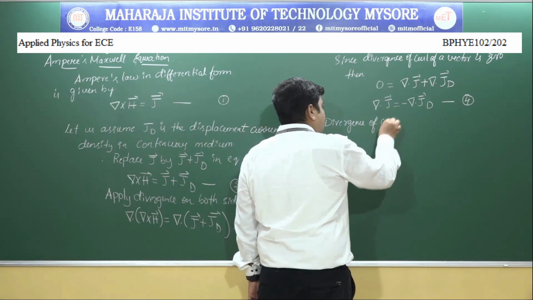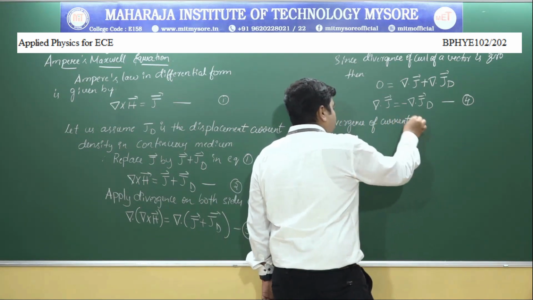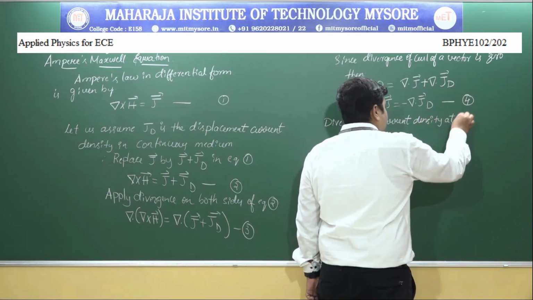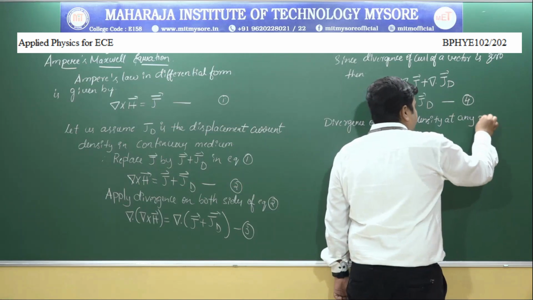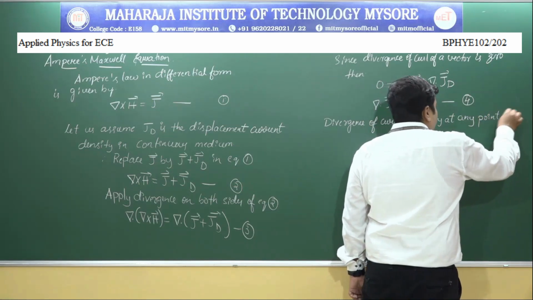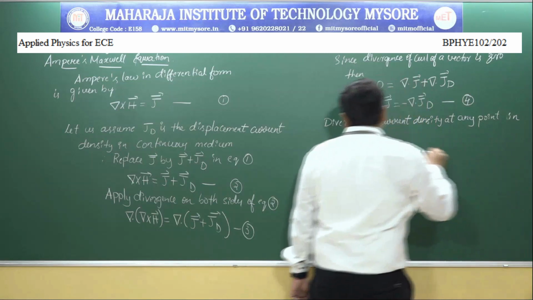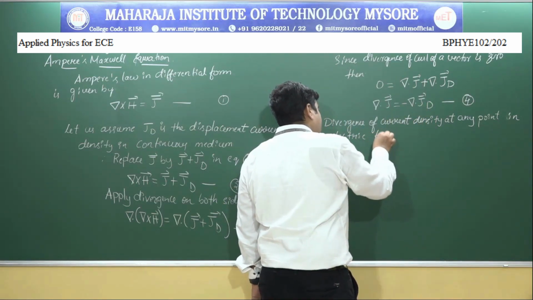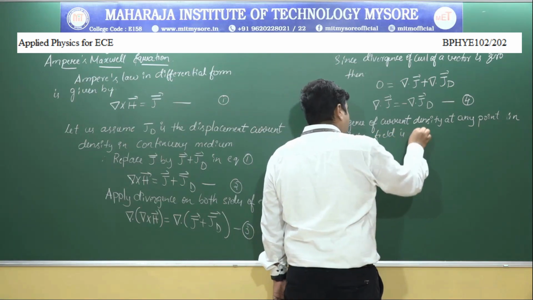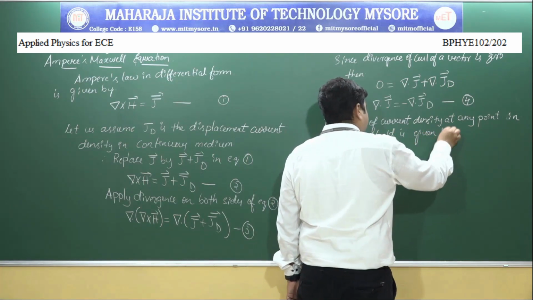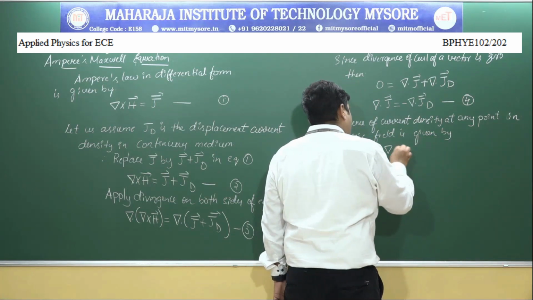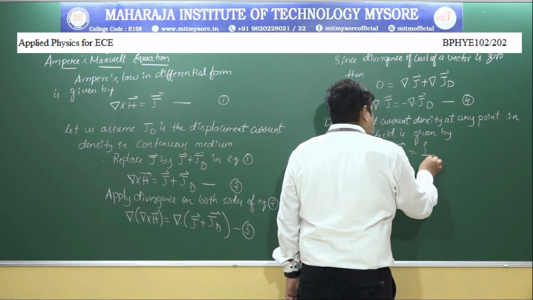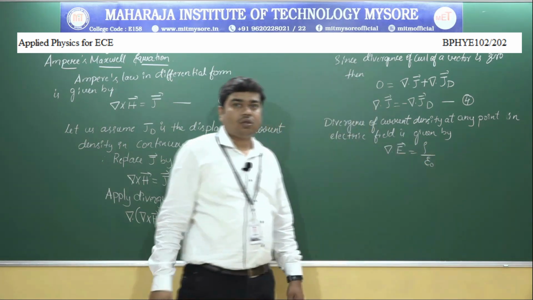the divergence of current density at any point in an electric field is given by del dot E is equal to rho by epsilon naught.